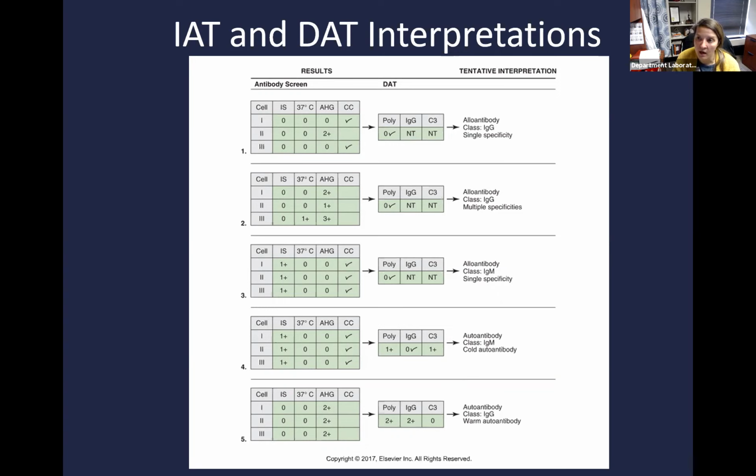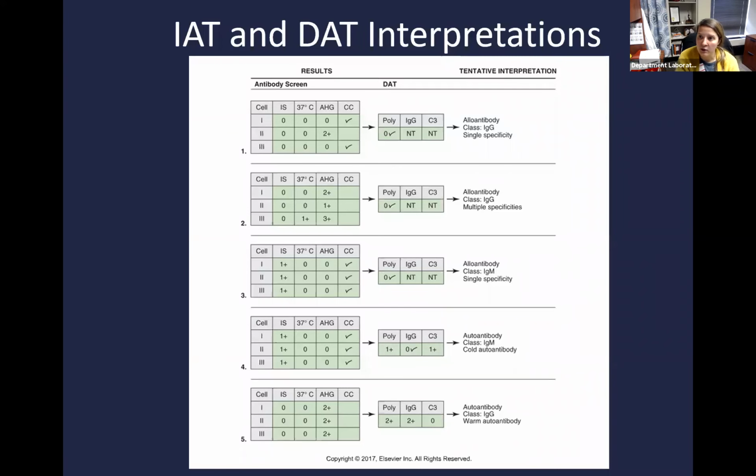So because complement is coating the cells, when we do our elution and extract off that complement, our eluate when run against the panel cells will all be negative, right? Versus example 5, where we're dealing with an IgG antibody, the eluate will react with all of the panel cells, all right? So your eluate would be negative in example 4, and then your eluate would be positive in example 5.